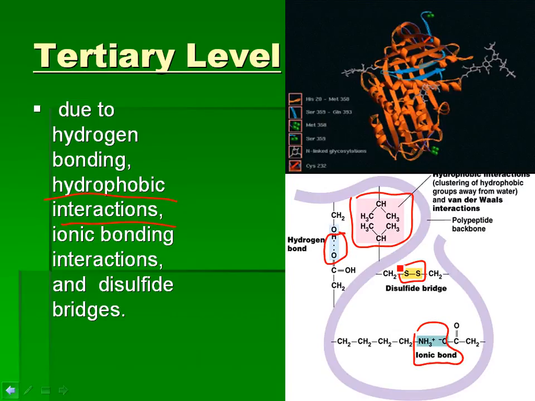Many of these interactions are far away in the chain, so they're not just side by side, but occur from one end of the molecule to the other, resulting in its final folding and twisting. So that's our tertiary structure.